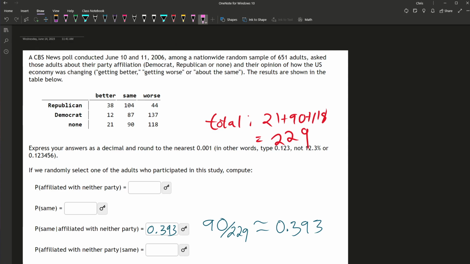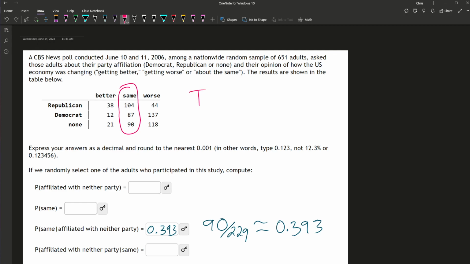In this case, we want to restrict our sample space to the people who believe that the economy is the same, which is this column. We want to find the total number of people in this column.